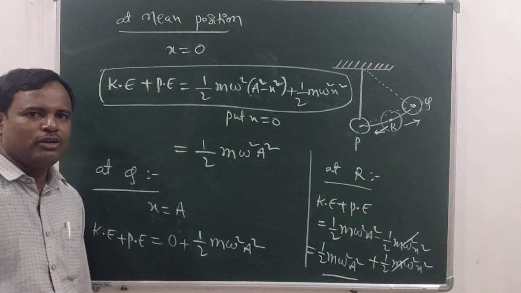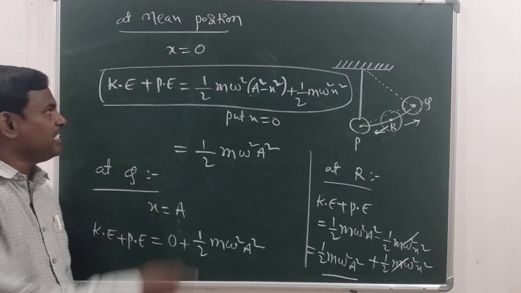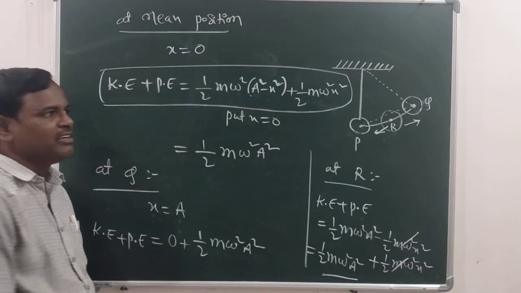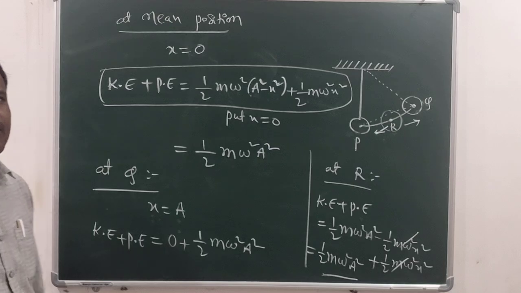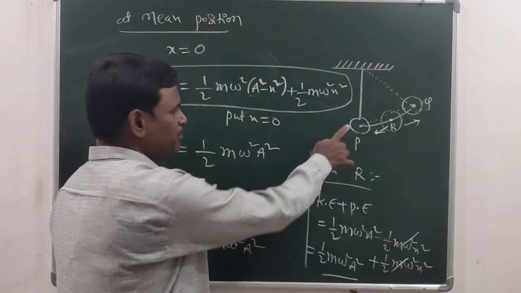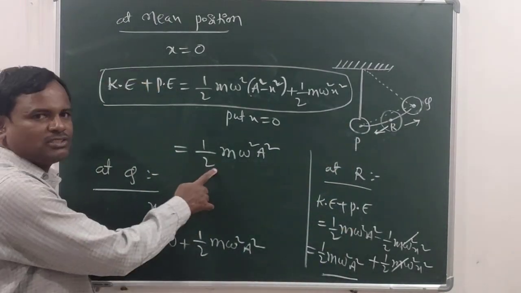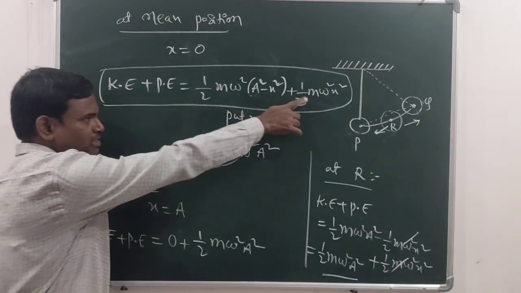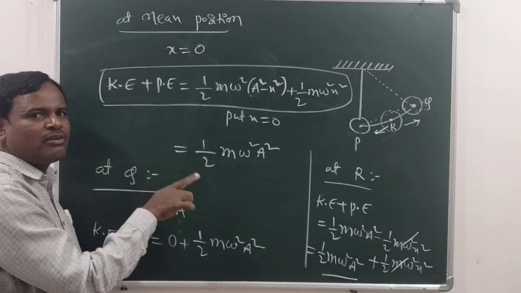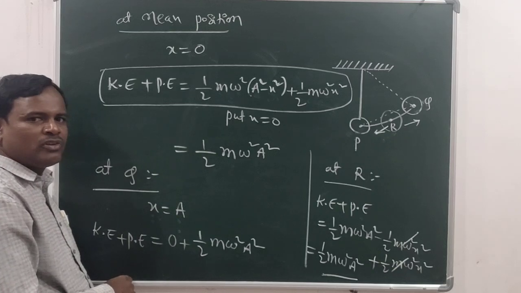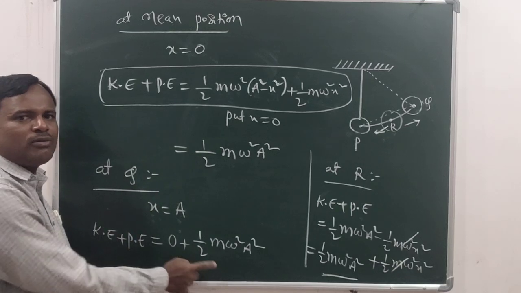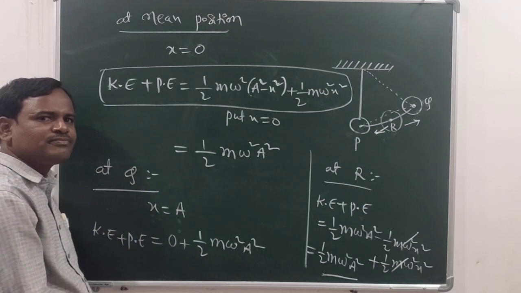Okay students, I hope you have understood. So this energy remains constant in the path followed by the simple harmonic oscillator. For that I checked at 3 points. One is at mean position, where we observed that potential energy became 0 and we got only kinetic energy. And at Q, kinetic energy became 0 and we found only potential energy.